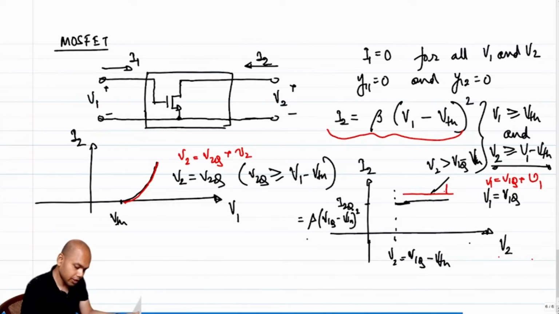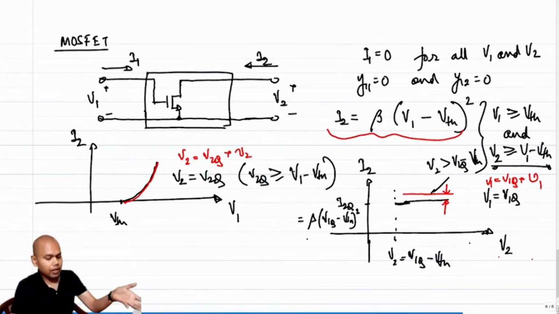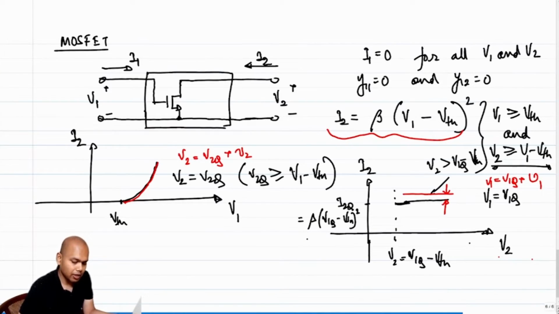This increase is what you get when you plug the new V1 into the current equation.